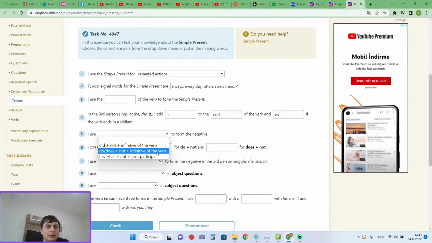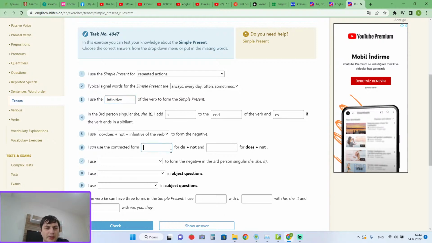In infinitive, yes. Infinitive of the verb to form the simple present. I use do, does plus not plus infinitive of the verb to form the negative.